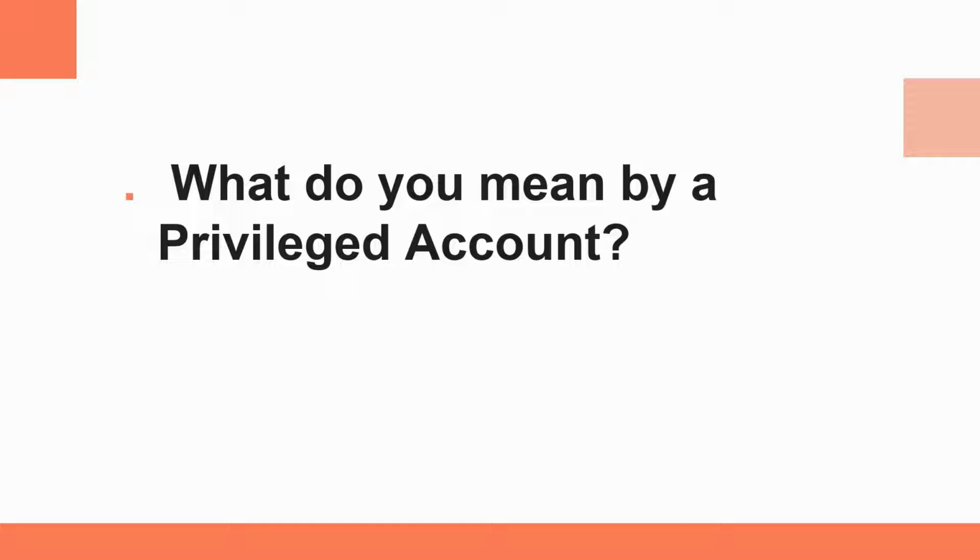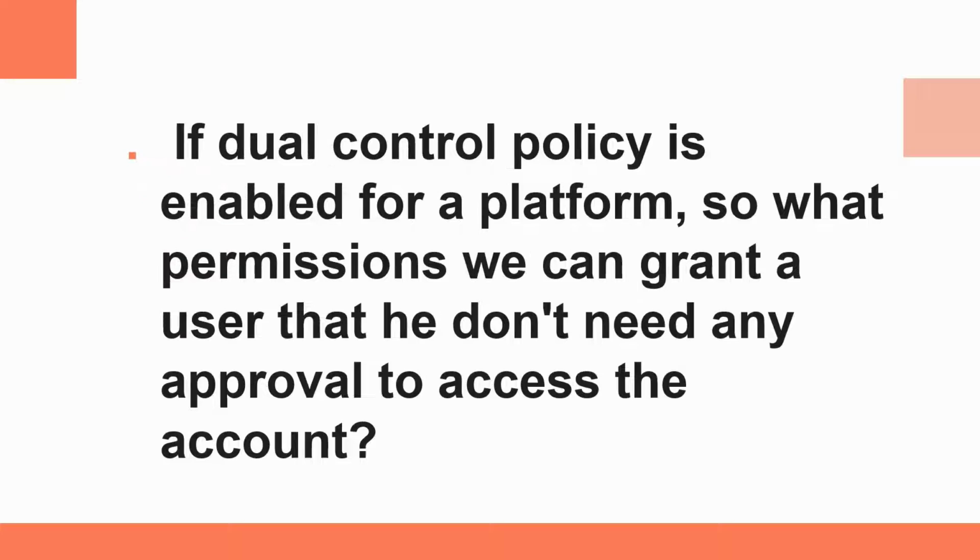Okay, moving to our next question. If the dual control policy is enabled for a platform and you want to give permission to a user so that he doesn't need approval and can directly access that account, what permission do you need to grant him so that he doesn't require any approval?